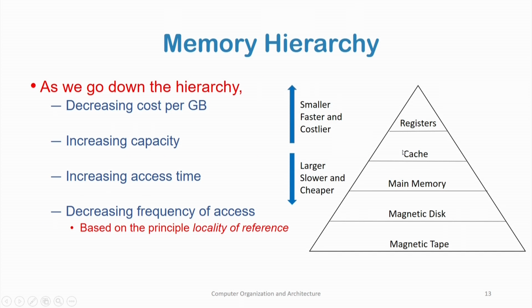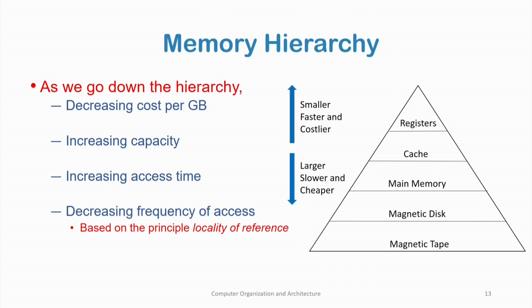Therefore, we have registers in the processor. We typically have a few dozen of these registers, and registers operate at the same speed as the processor. However, they are very expensive and we cannot have a large number of registers in the processor.